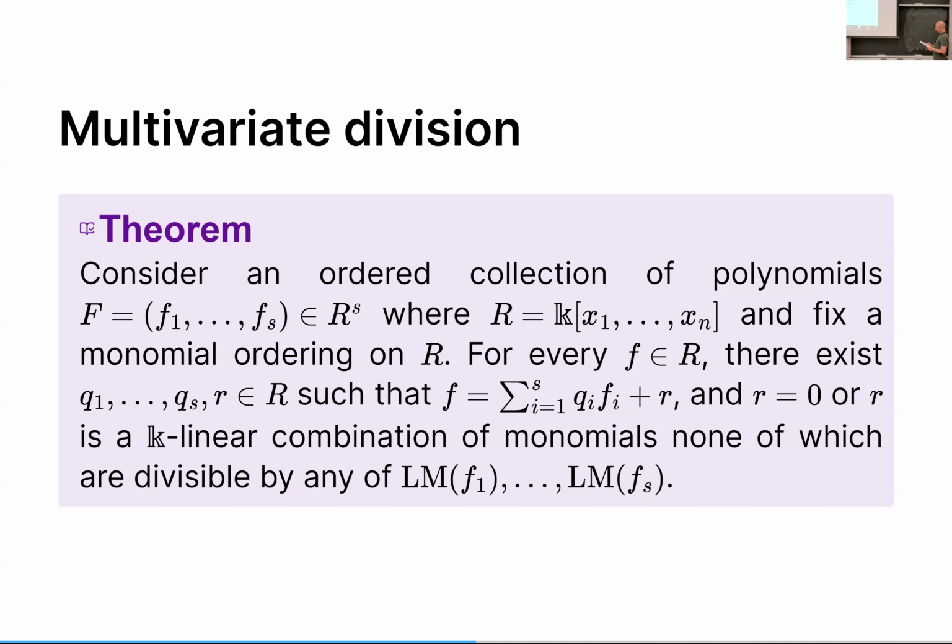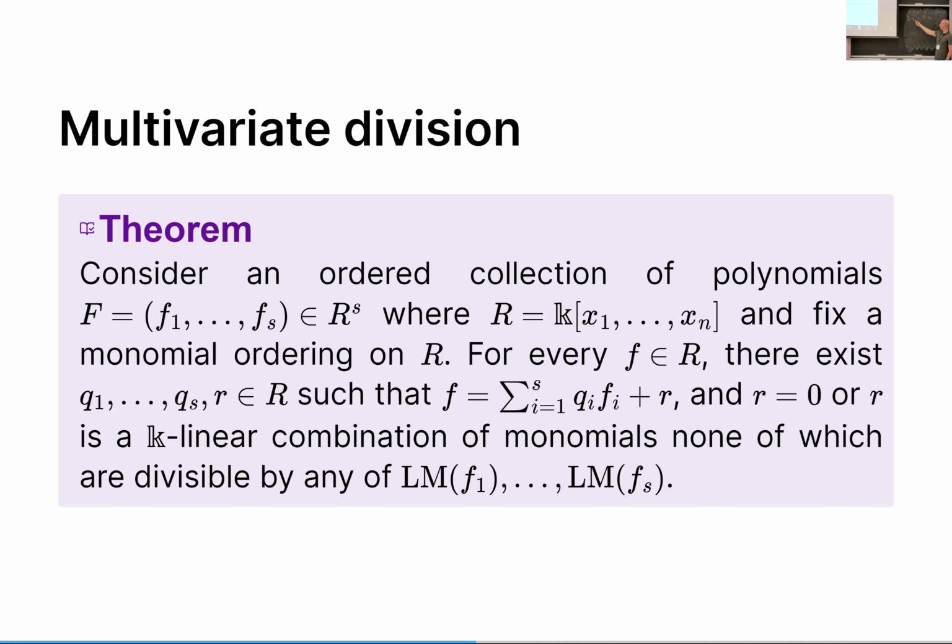The polynomials I chose for my example are like this. f is x squared y squared minus y cubed. f1 is y squared minus x. f2 is xy minus 1. And I want to use the graded lexicographic order. I just want to make sure that they're already in the right order. This is degree 4, this is degree 3. That's fine. Degree 2, degree 1, degree 2, degree 0. Okay, that's easy enough.